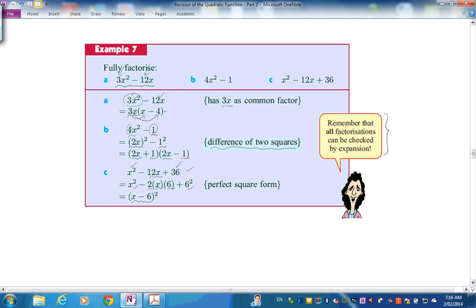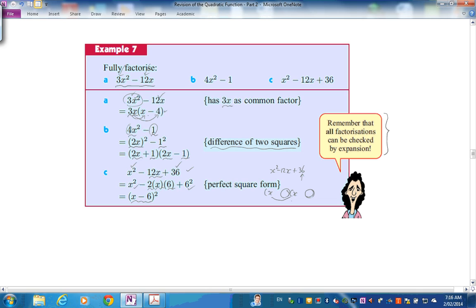Now, a lot of people never get the hang of this, so you could do it without spotting the perfect square form. How would you do it? And we'll do this again in a minute. You would say, well, I need two brackets, x in front, because I know that factorization is the reverse of expansion, so that'll give me my x squared. What are the two numbers in here that I could use to get 36?